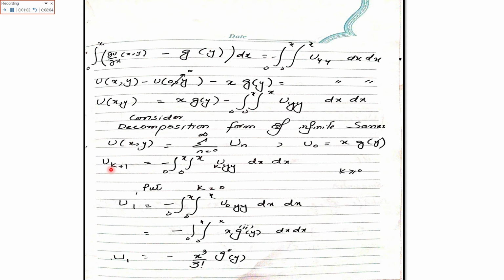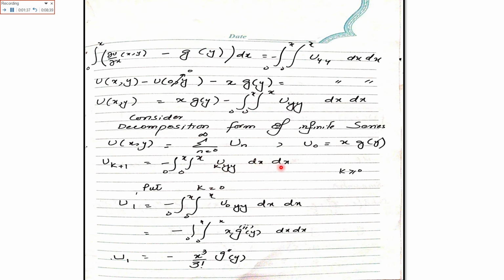Here u_{k+1}, again as in the Adomian decomposition form, as the given u(x,y) is in the summation form, the first term is u_0, and anything that remains in the integral would be u_{k+1} equals minus the integral 0 to x, 0 to x of u_k,yy dx dx.